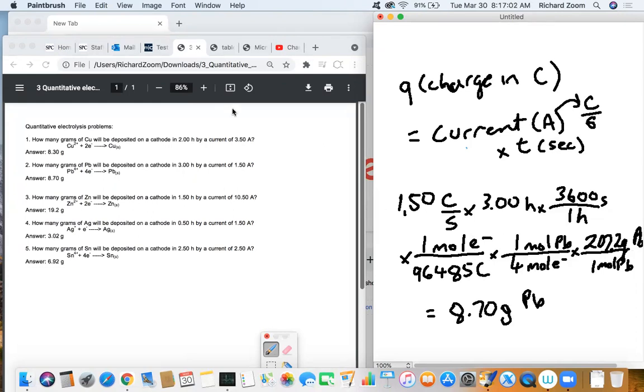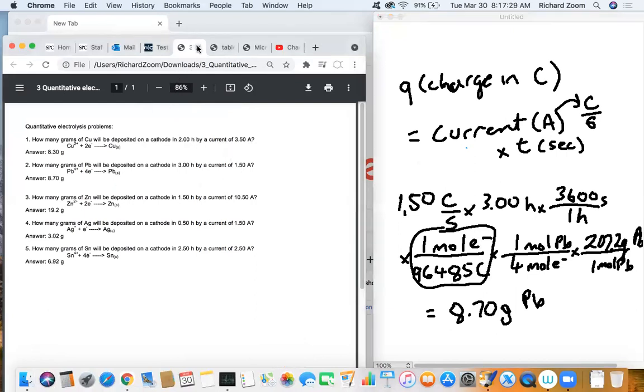So it all depends. For these kinds of processes, you're always given a reaction as well as a time and a current, plus the relationship here, which is all important, the 1 mole of electrons from 96485 coulombs of charge. So I do have those examples there that you can do as well.